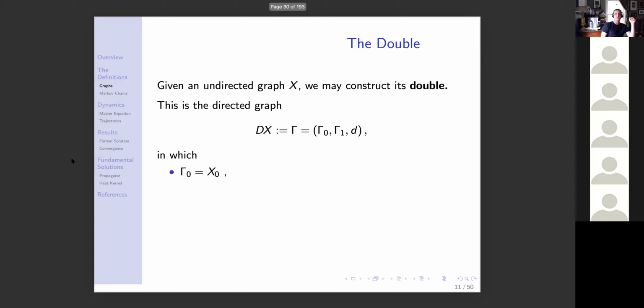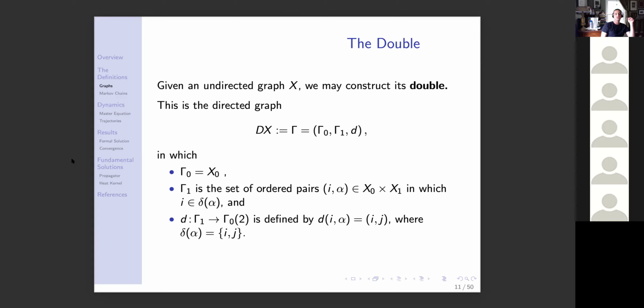So the set of vertices is the same as in the undirected graph. And the set of edges, you can think of as the set of ordered pairs given by a vertex and an edge, such that that vertex is attached to that edge in the undirected graph.